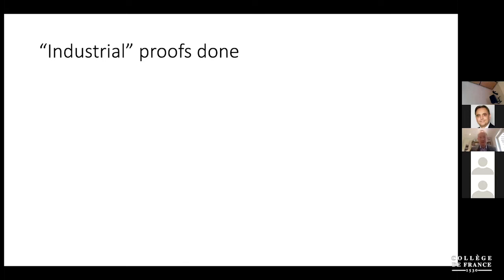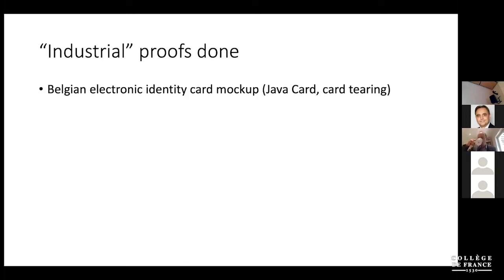So what have we done so far? One thing we did is, the Belgian government provided this Java Card program to developers for testing their applications to run against the Belgian electronic identity card. So every Belgian person has an electronic identity card, and on that chip is a Java Card program.